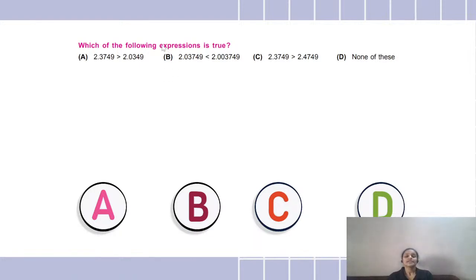Okay, the third question reads like this. Which of the following expressions is true? Okay, which of these options is right? So come on, look at each of the options A, B, C and D and tell me which option is true, which option is correct.